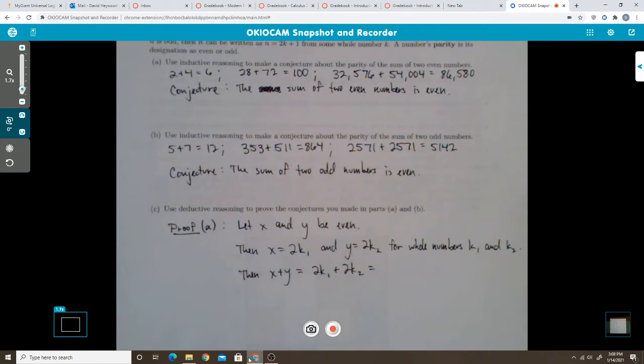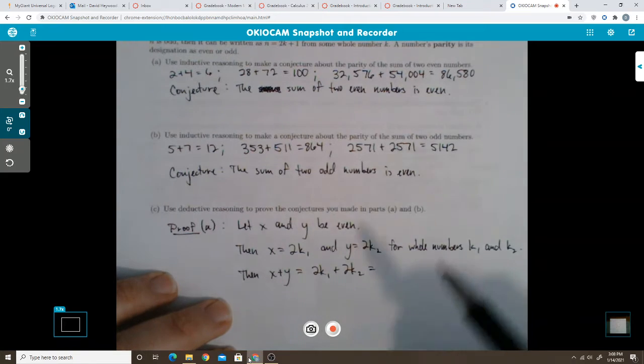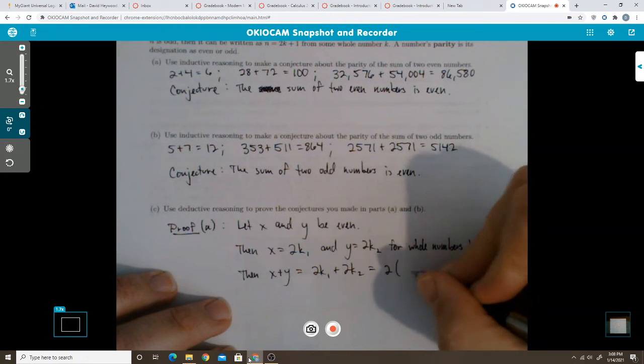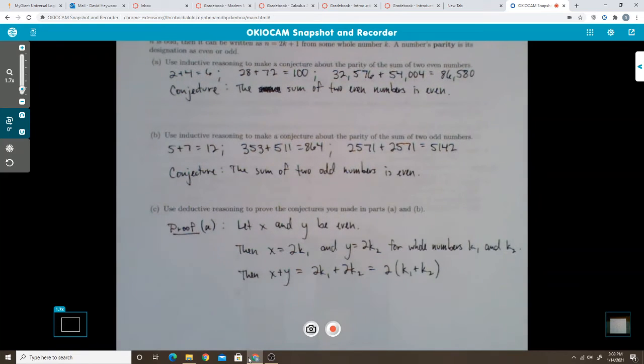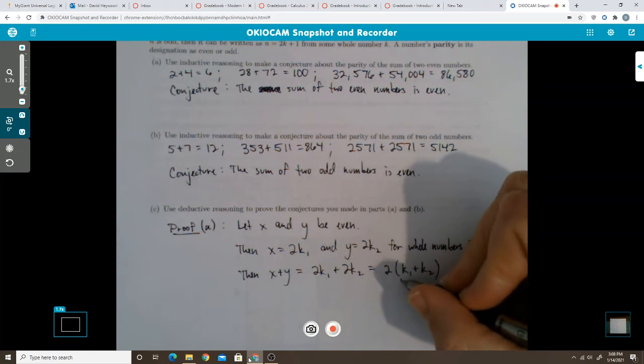Or if you're using distribution in reverse, then we sometimes call it factoring, right? And here I can factor out a 2. So I can call this 2 times (k1 plus k2). And now notice, k1 plus k2, whatever numbers those are, when you add them up, they're still going to be whole numbers. And so x plus y is 2 times a whole number, right? So this is just a whole number.